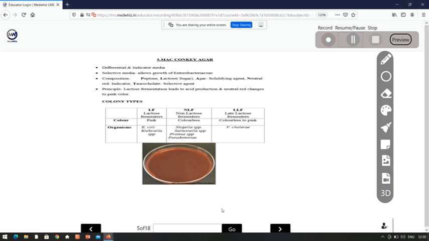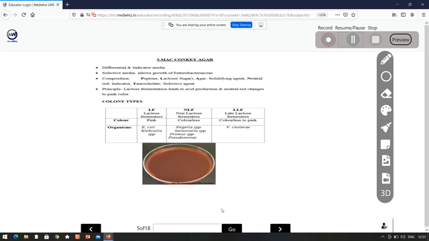Apart from these, we have another category of colonies. They are called late lactose fermenters. Initially, they look like NLF. Upon further incubation, they turn into late lactose fermenters. So on day one, the colonies will be colorless.